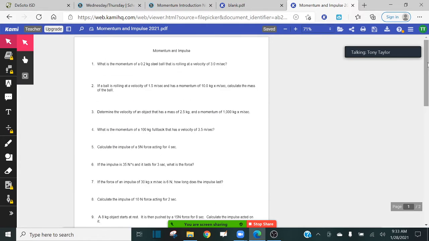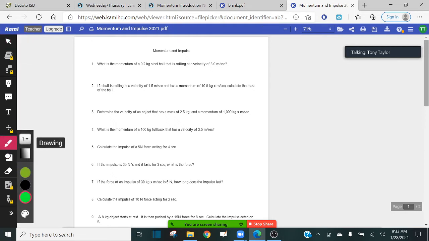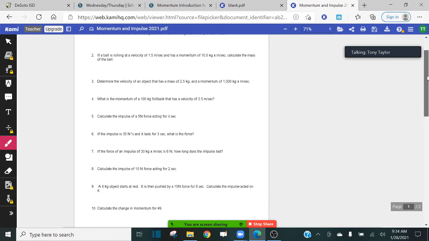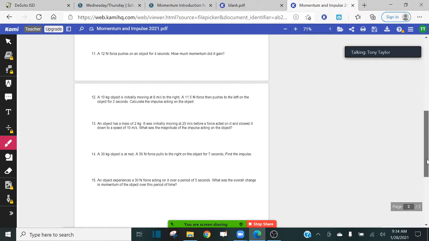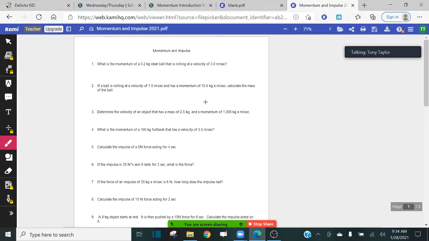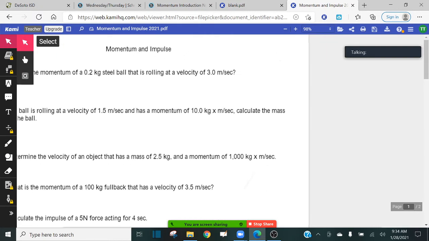I'm going to do about half of them with you guys first, and then as soon as I get done with half of them, I'm going to talk about the relationship between momentum and impulse, and then we're going to come back to this, because the easier problems are introduced first, and then as we get towards the end of it, we get into the more difficult problems. Well, they're not difficult; they're just not as easy. Okay. So let's look at number 1.